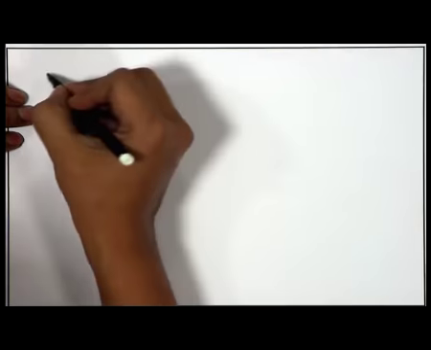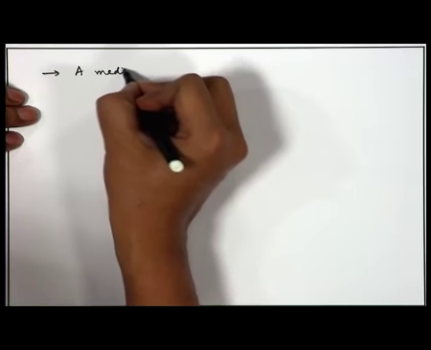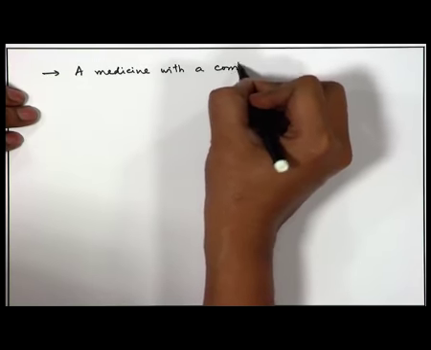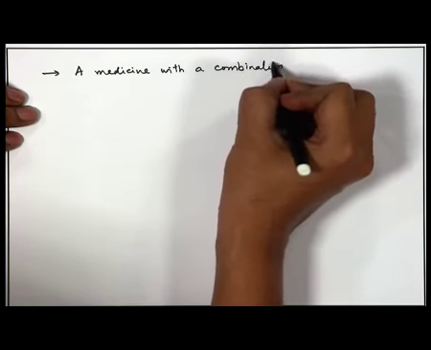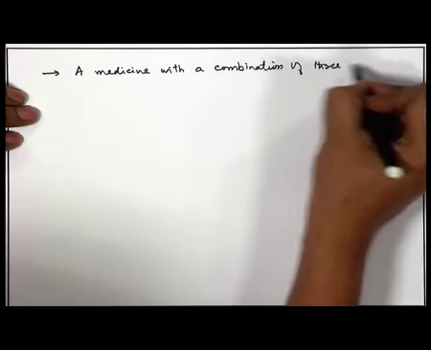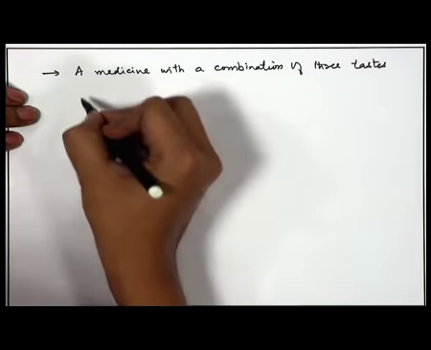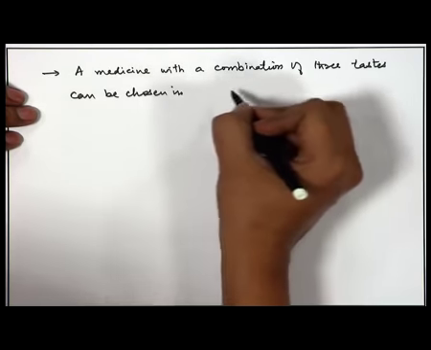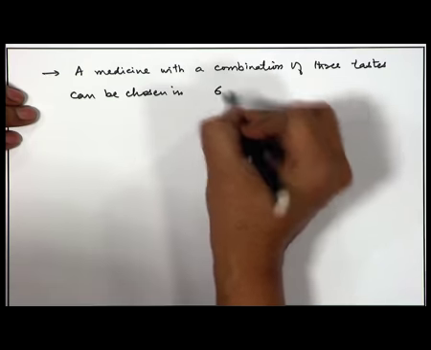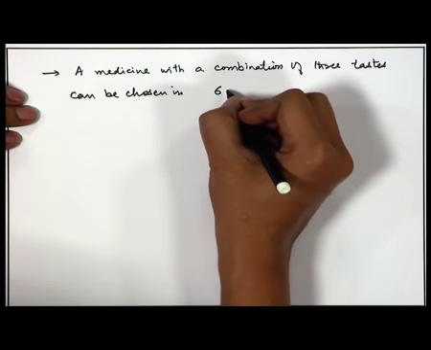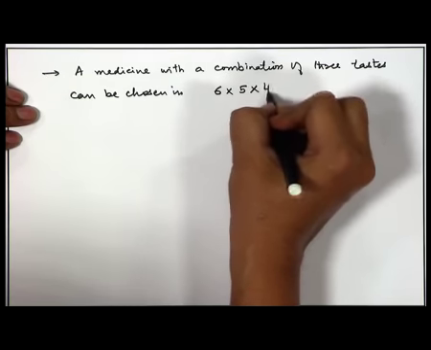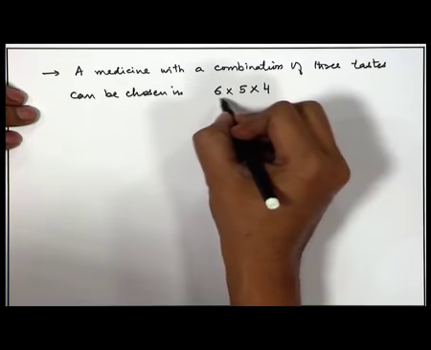Similarly, if we consider a medicine with a combination of 3 tastes, then that can be chosen, again, 6 ways for choosing the first one, 5 ways of choosing the second one, and 4 ways of choosing the third one.